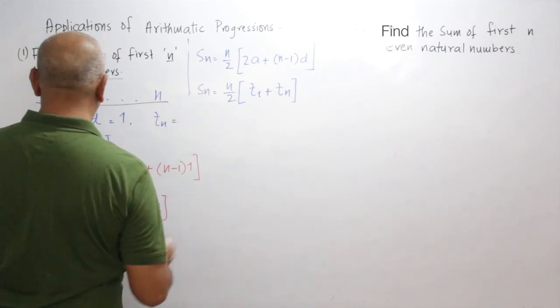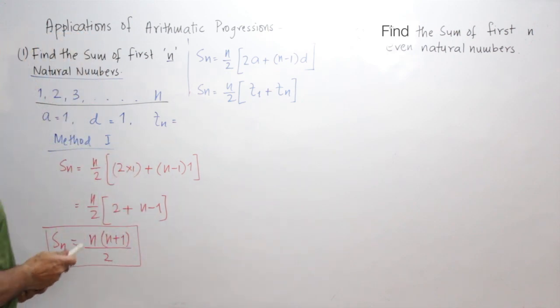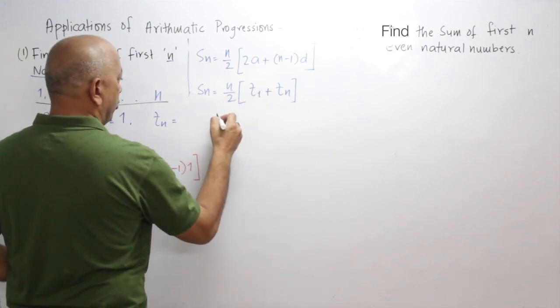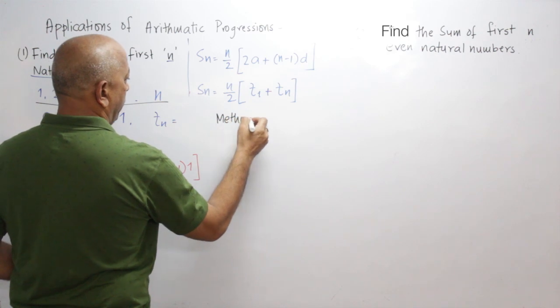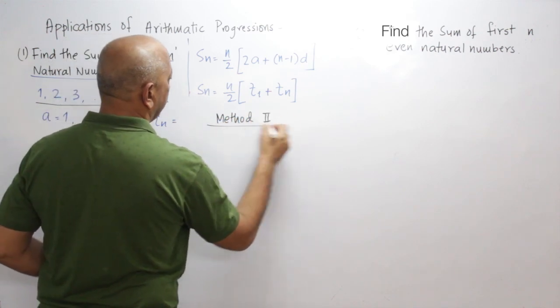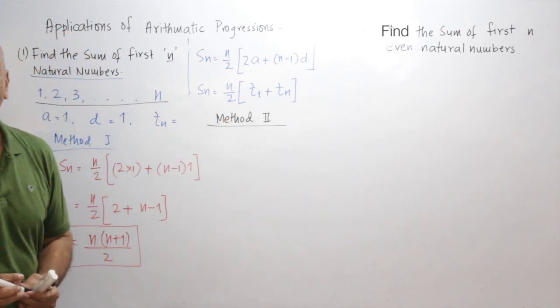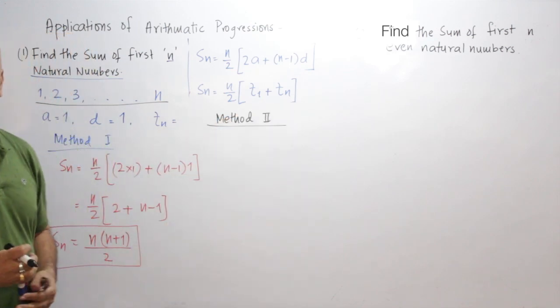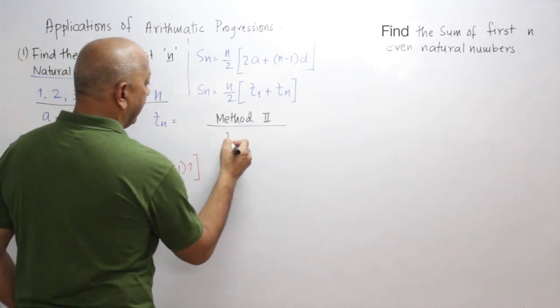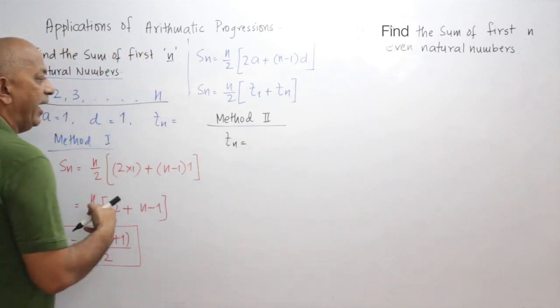So this is the first method. We can do it by the second method. So we can say method 2. Here we want Tn, the last number, the nth number. What is the value of Tn?